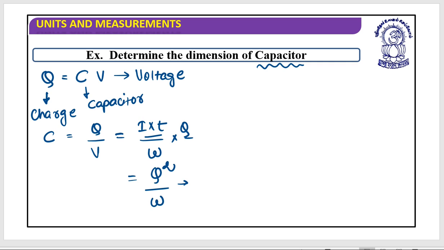For acceleration, you write meter per second square. Here I have purposefully not written anything because I want you to write it yourself, so that you have practice. So do it. So this is capacitor. Do remember.